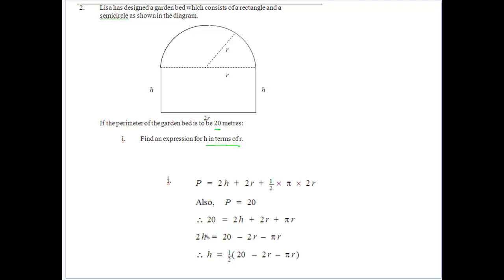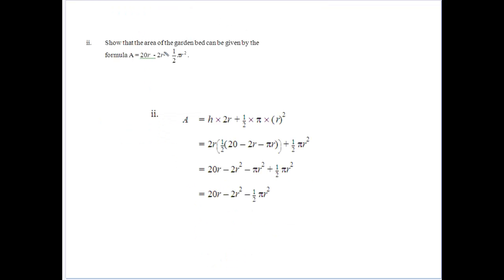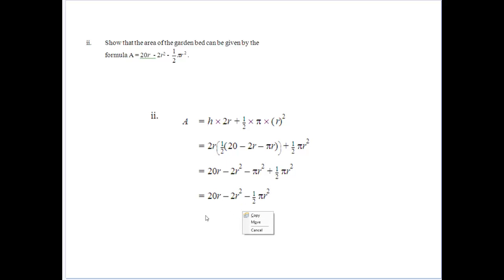So we take the 2r and pi r, subtract on both sides to get 2h by itself, and divide by 2 to give us h in terms of r. The area of the garden bed would be equal to that formula. A rectangle would be h times 2r, and the area of the semicircle is a half times pi r squared. Then we can substitute h in, and it's just going to give us our function in terms of r.